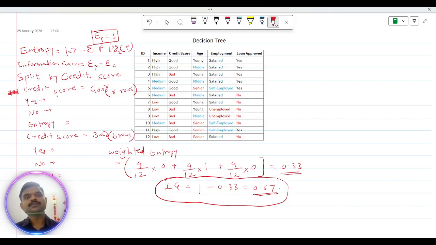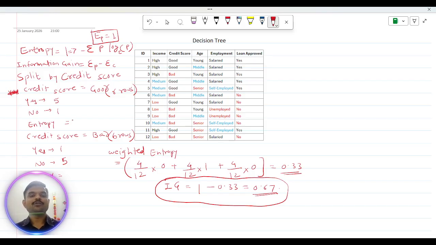So, in those six good credit scores, how many yes are there for good? Five yes are there, one no is there. And for bad, how many? One yes is there and all the rest are no. Okay, now entropy.